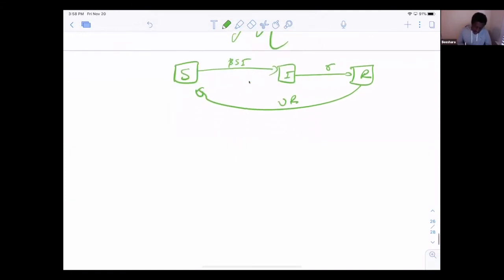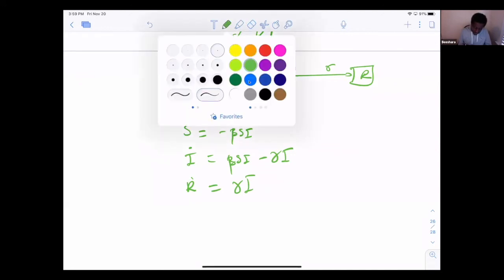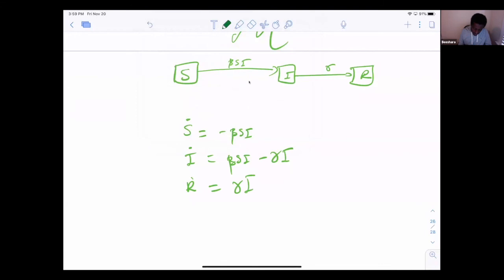So in this case, S dot would be minus beta S i, I dot equal beta S i minus gamma I, and R dot equal gamma I, let's say. I'm going to suppose that we don't have this for now. But if we add it, nu R.